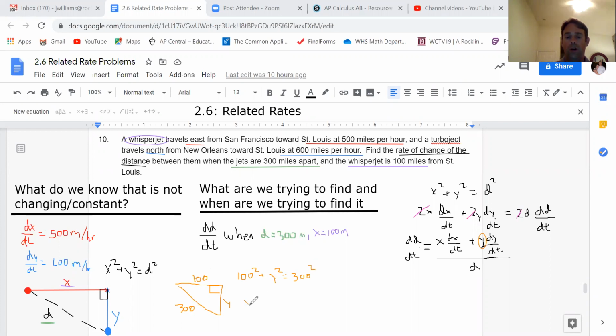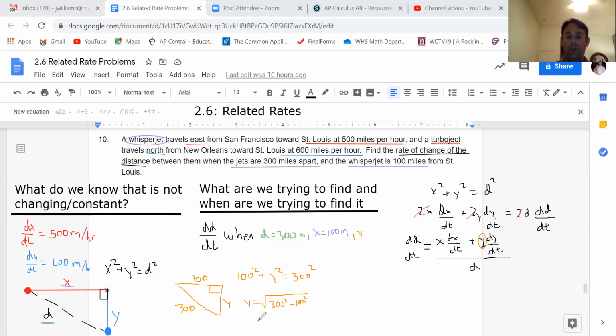And that means y is something big and ugly. And friends, that would be the number, well, I don't know. I never figured it out. Makes sense. 300 squared minus 100 squared. Works for me.